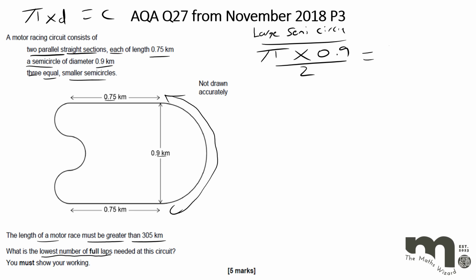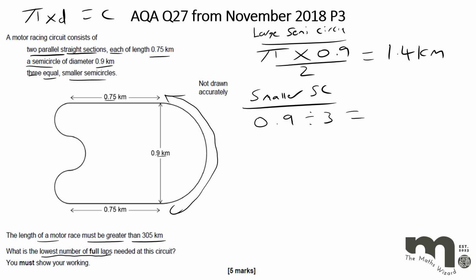Then if we look at the smaller semicircles, now we need to know the diameter of those. So if we do 0.9 divided by 3, that will give us 0.3 kilometers. So that's the diameter of each of those semicircles.